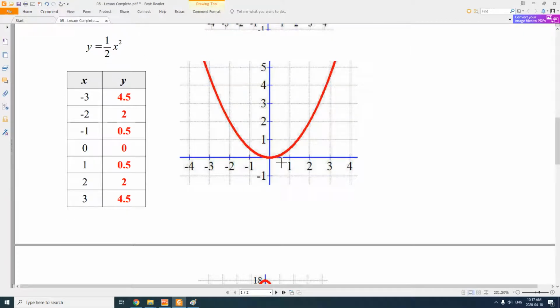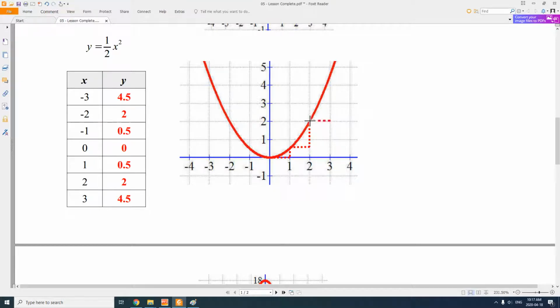Okay, let's see what we got for our step pattern here. Remember that it's always stepping over by 1 and then up by however much. So in this case, I've stepped over 1, and this time I'm only going up a half. Then from there, I'm stepping over and going up 1.5.